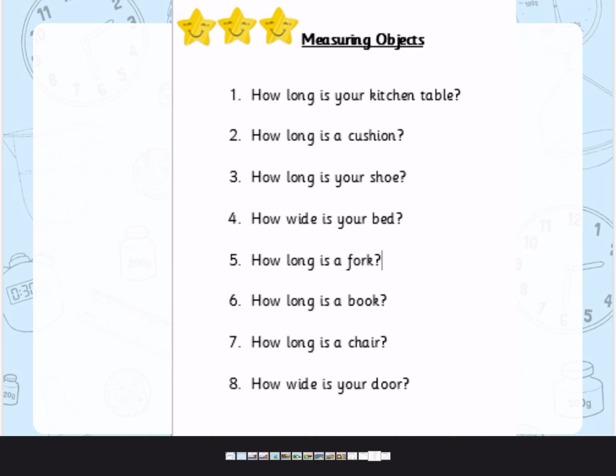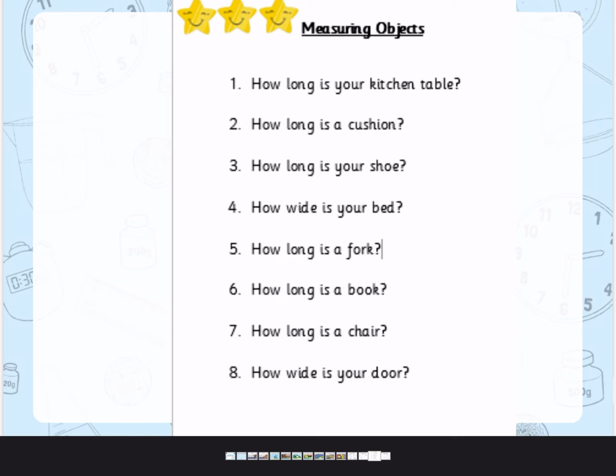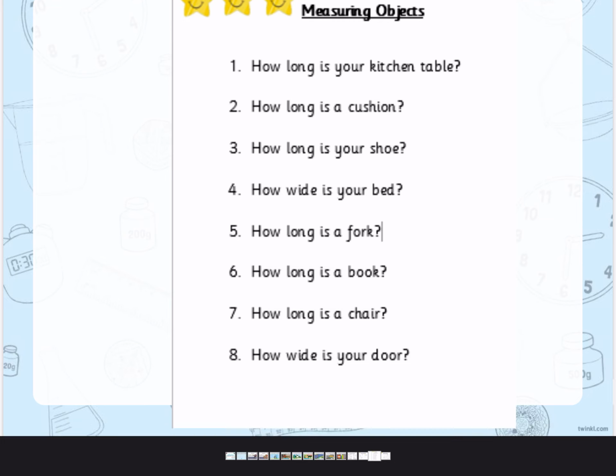How many rubbers long is your shoe? How many rubbers long is a fork? Okay, you don't have to use rubber, you could use pencil if you'd like. You can use lots of different objects. And I want you to answer those questions.